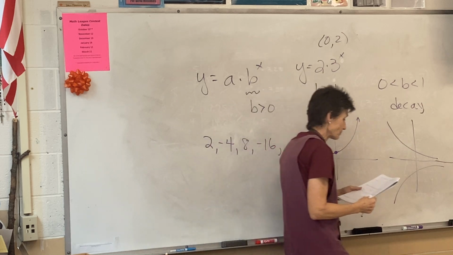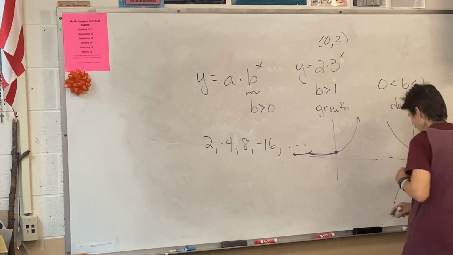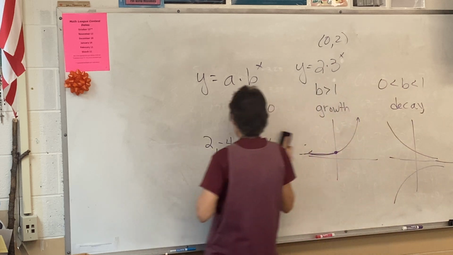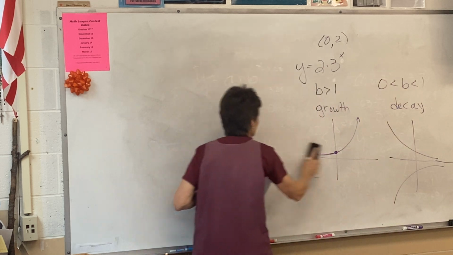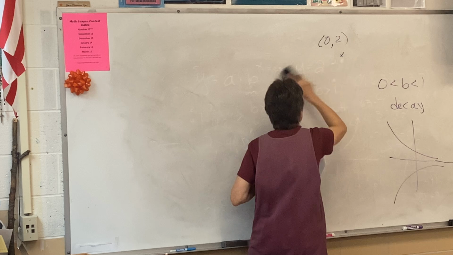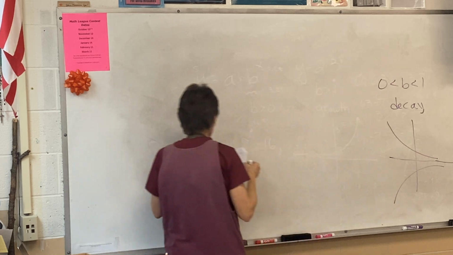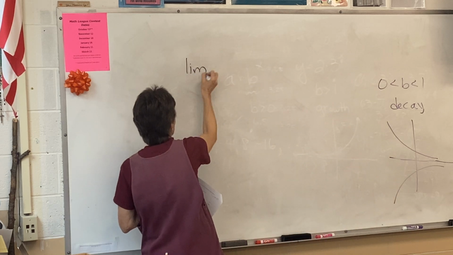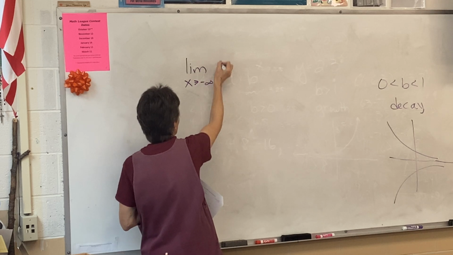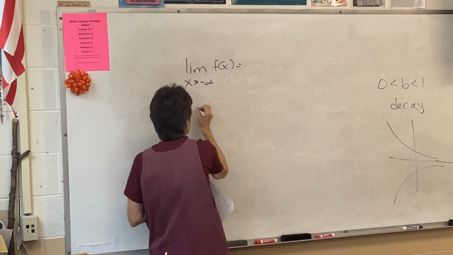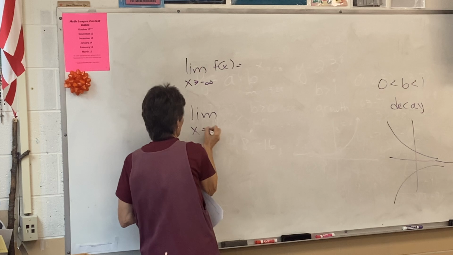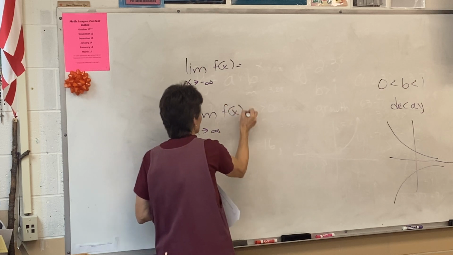Example 1. Take a look at the picture and write the limit statements for the end behavior. So remember, that's the limit as x approaches negative infinity and x approaches positive infinity.